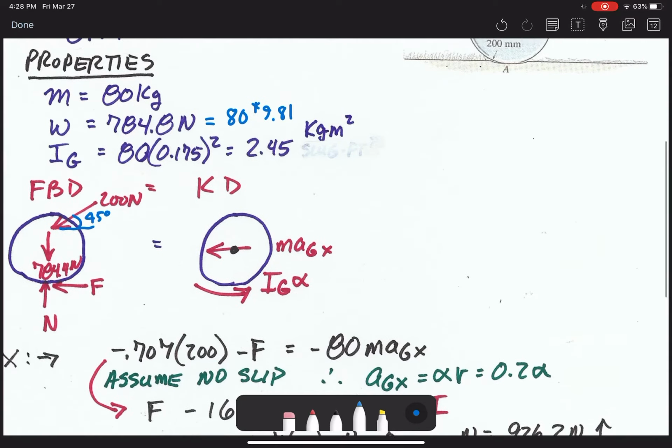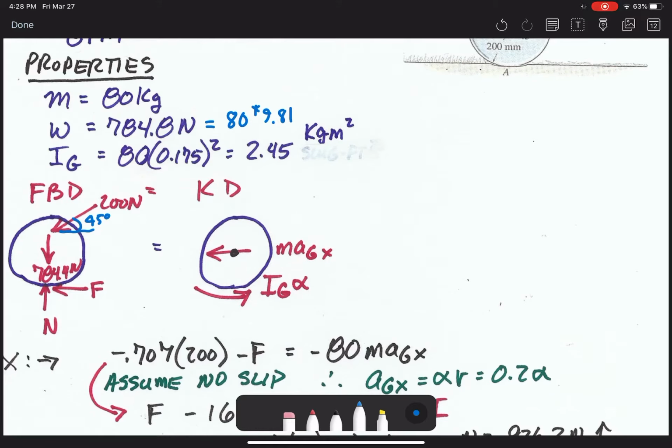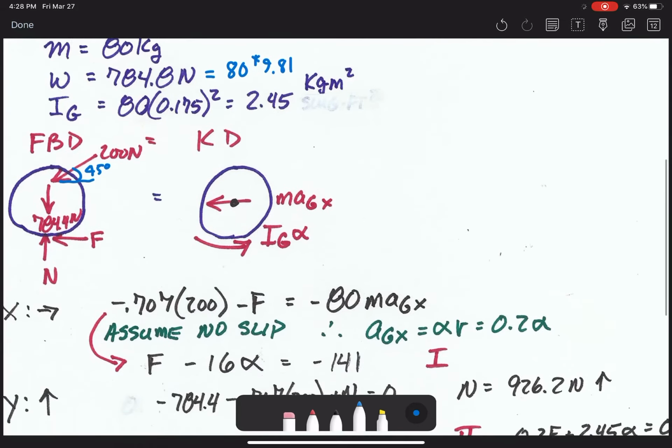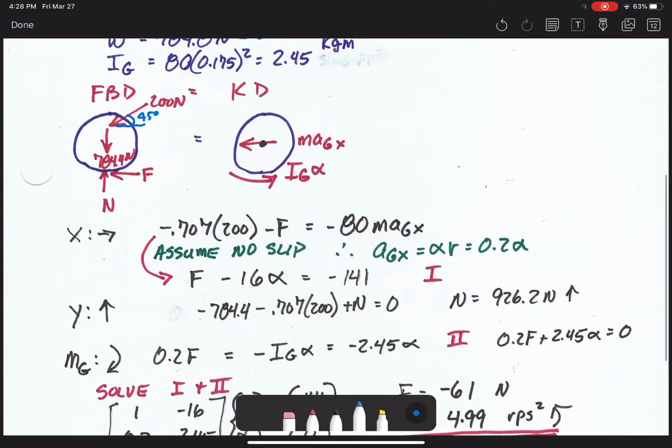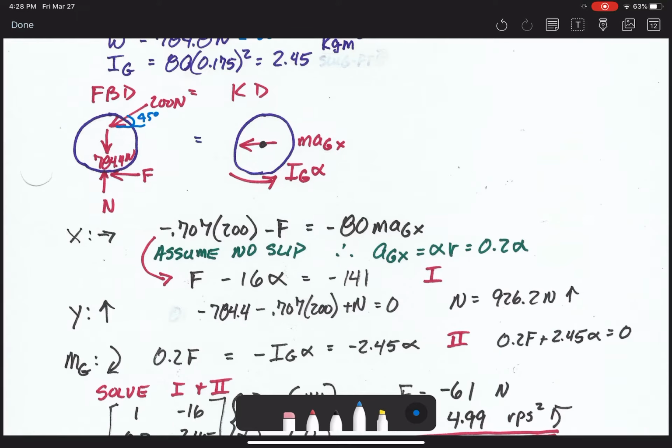No m a_Gy, because G, similar to the previous problem, moves parallel to the ground, so it does not jump up and down in the y direction. So you can go with the x or y direction first. In the x direction, what that number comes from is basically cosine 45 degrees times 200.